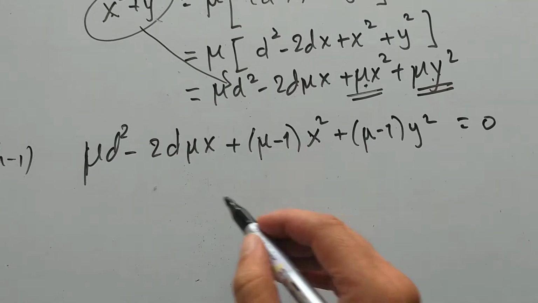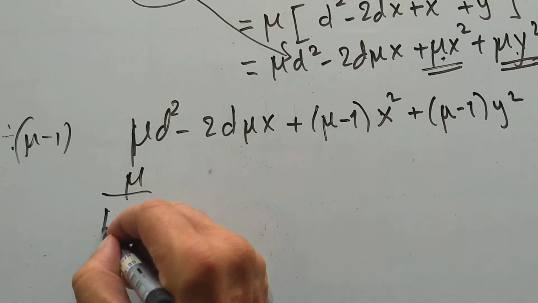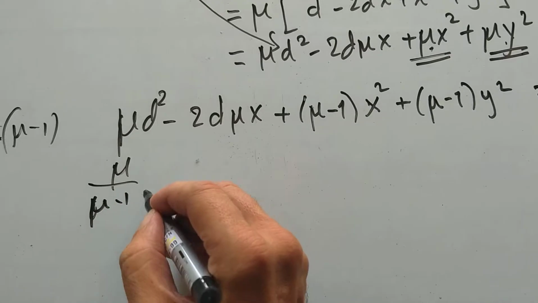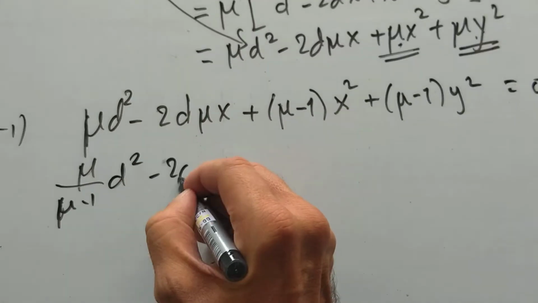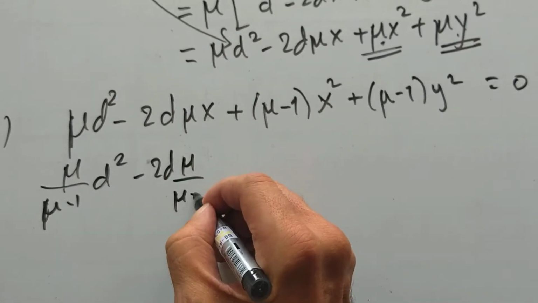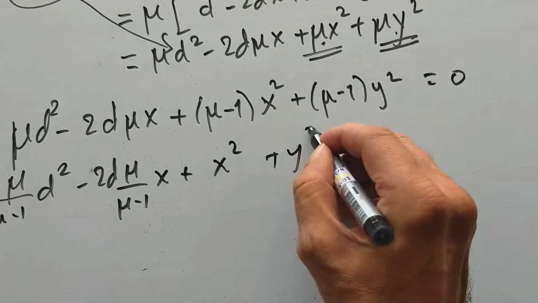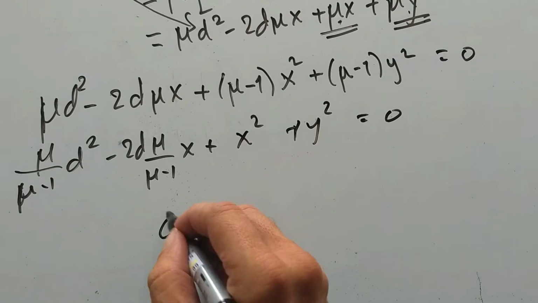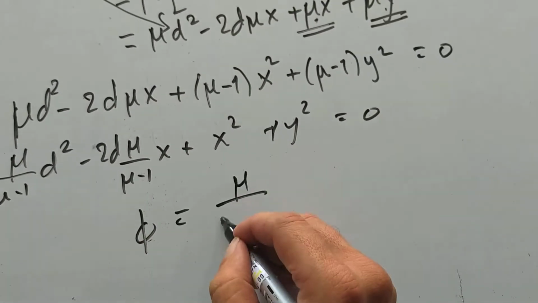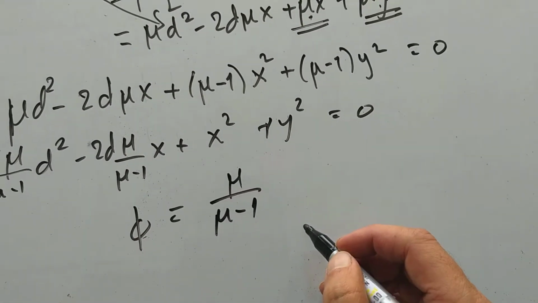We'll get something really beautiful. Mu over mu minus 1 d squared minus 2d mu over mu minus 1 x plus x squared plus y squared is 0.